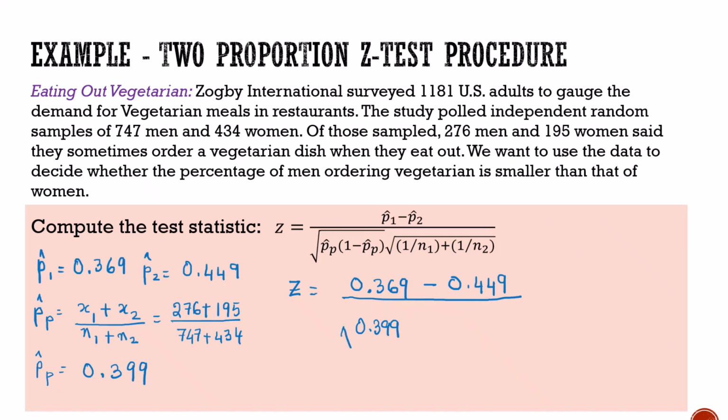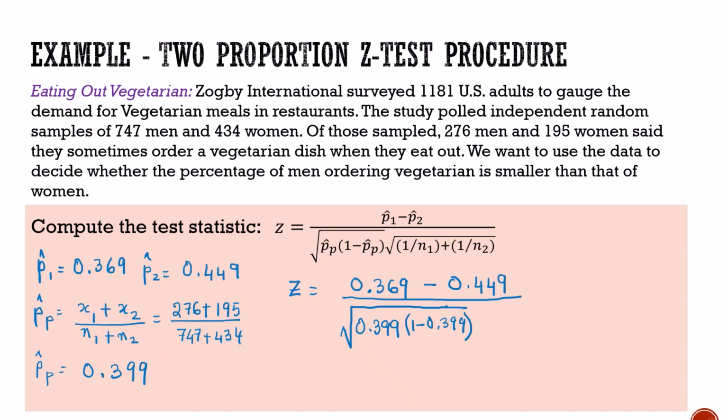So 0.399 times 1 minus 0.399. So for the denominator, you're not using p̂₁ or p̂₂. You are using the pooled proportion. So make sure you do that calculation using the formula given.